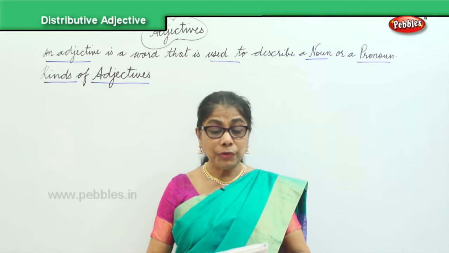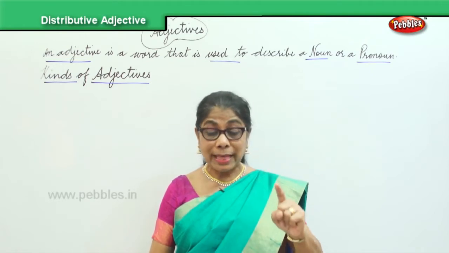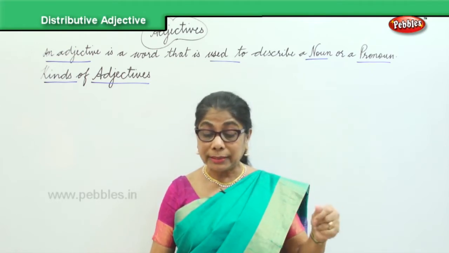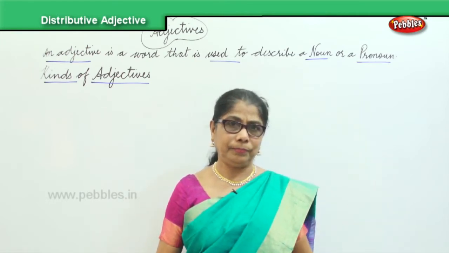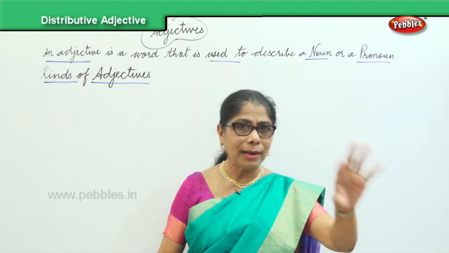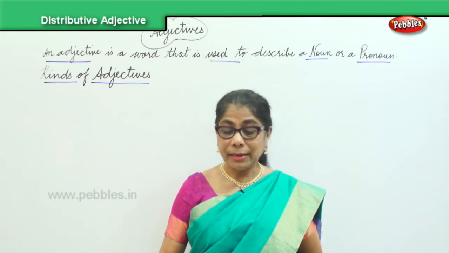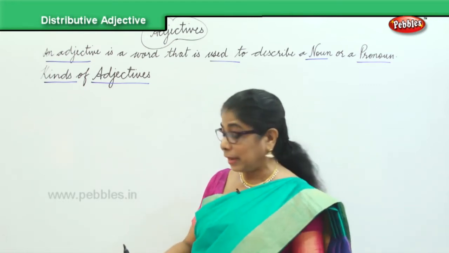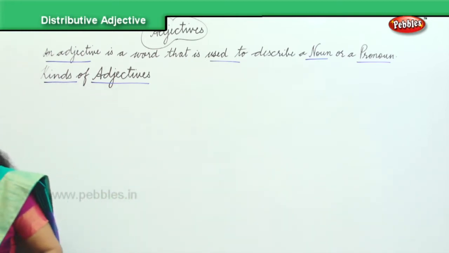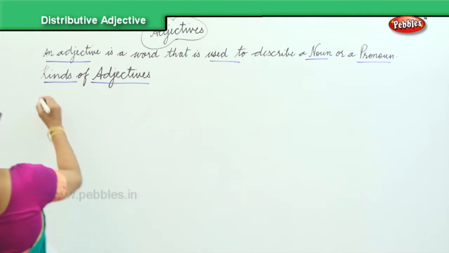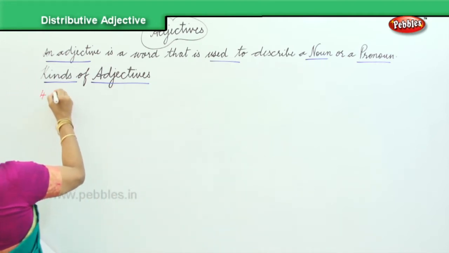A distributive adjective shows that persons or things are taken one at a time. Distribution, one at a time. Okay? So, kinds of adjective. We do the fourth kind, that's a distributive adjective.